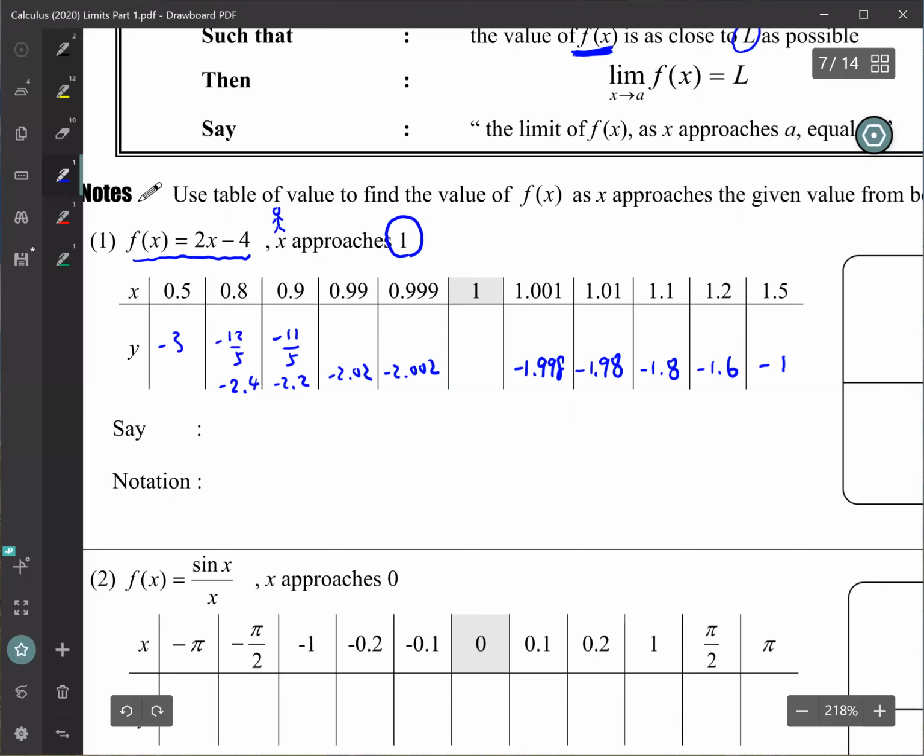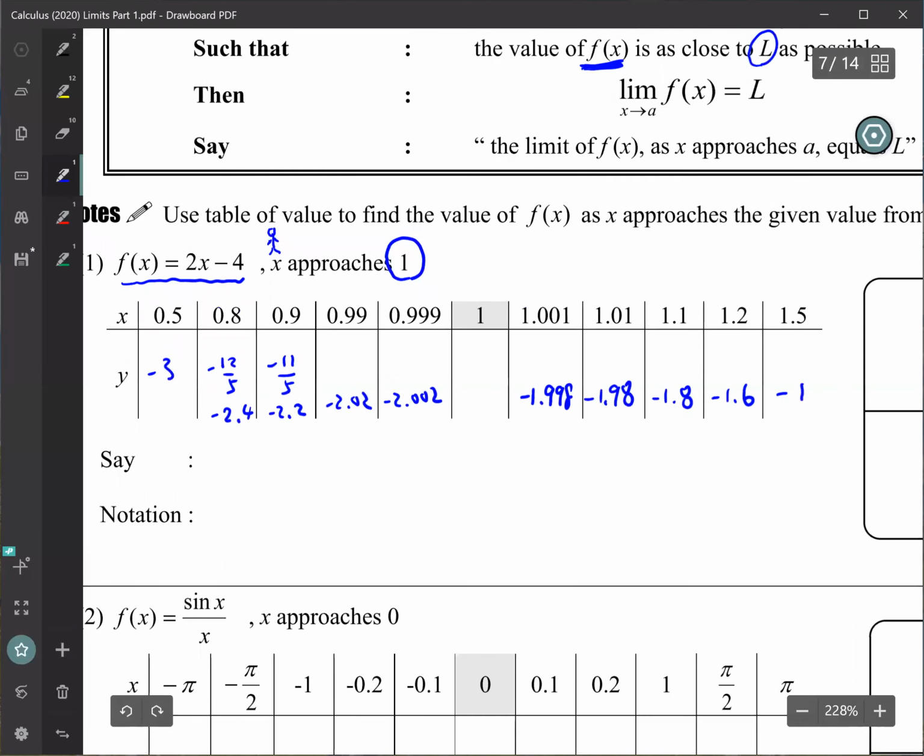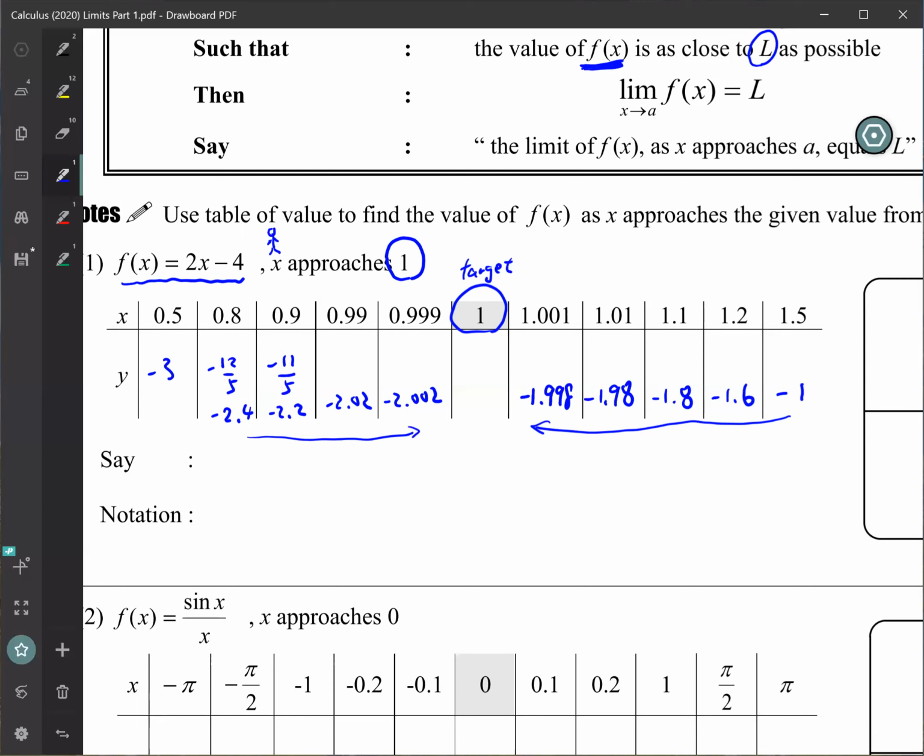So we are walking towards the x value of 1, this is our target, and the kite is flying towards here. So without stepping on 1, can you tell me what this empty value is? If you did not plug it in, can you see the pattern where it's heading?